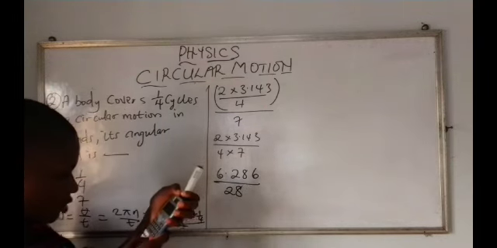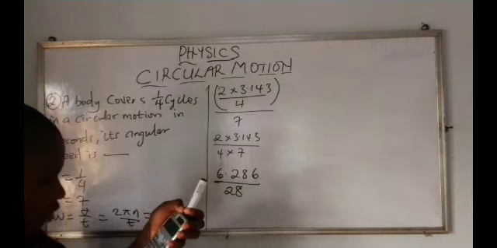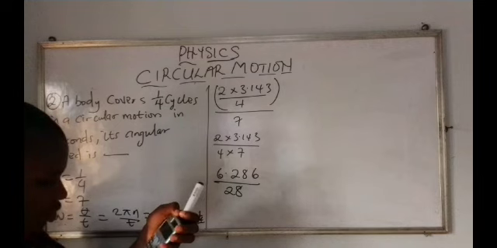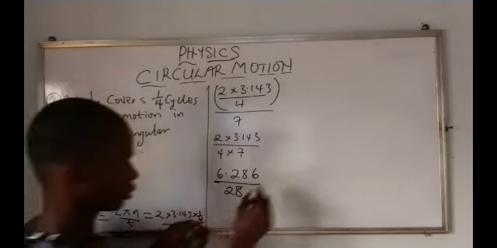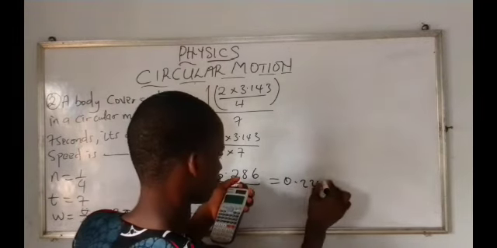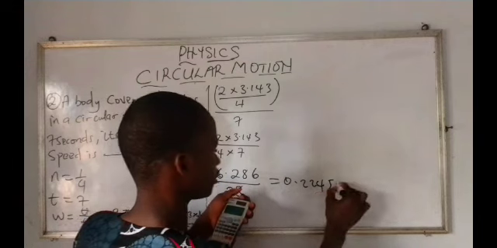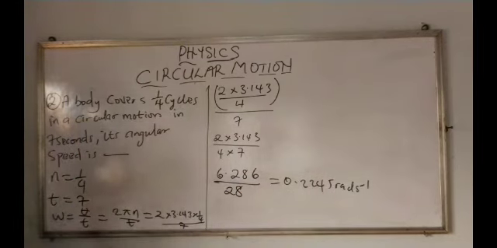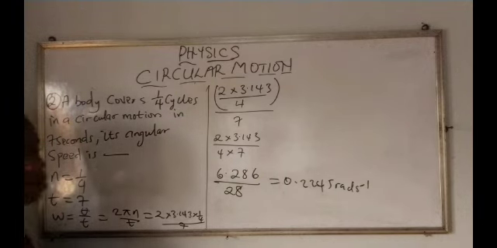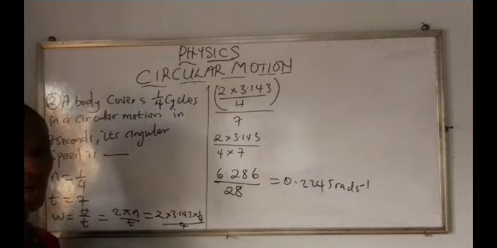Okay, 6.286 divided by 28 will give us 0.2245 radian per second. Remember, that is the unit for what? Angular velocity. So with this, I believe we have come to an end of this video. So see you in my next video.